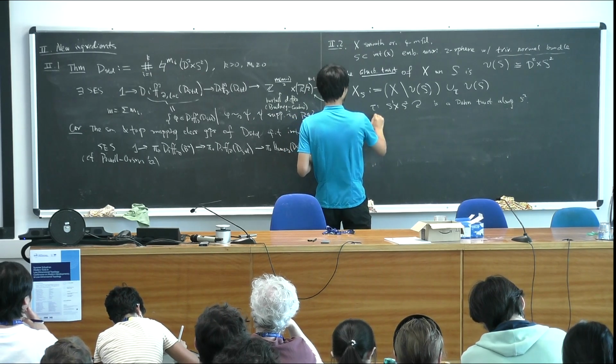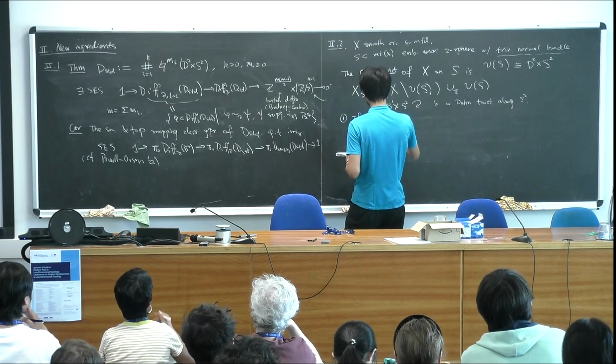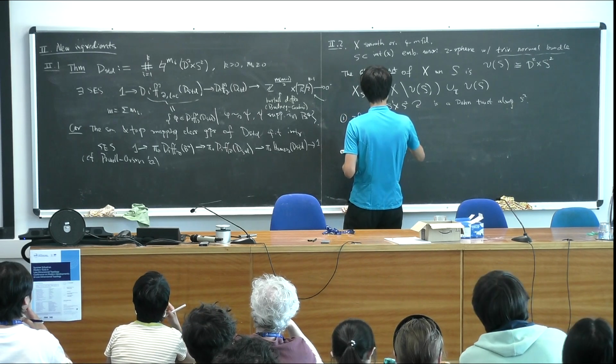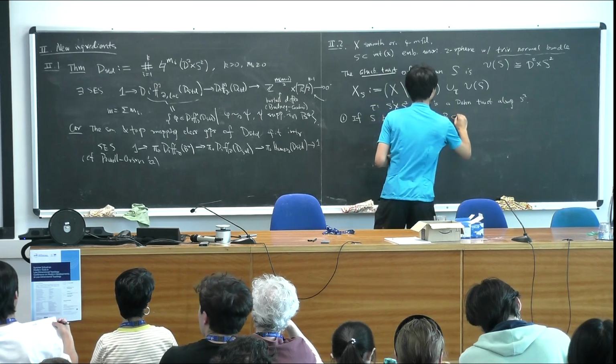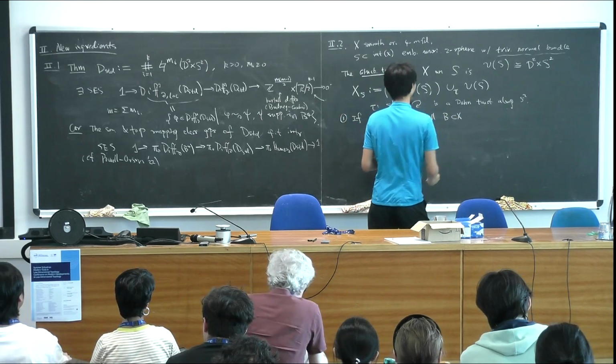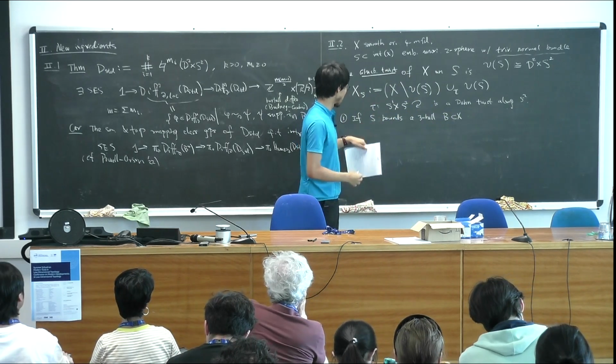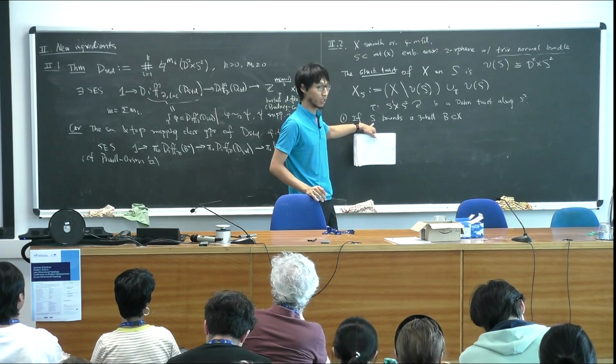So if my two-sphere S bounds a three-ball B inside my four-manifold, this is just to say this two-knot S is unknotted.